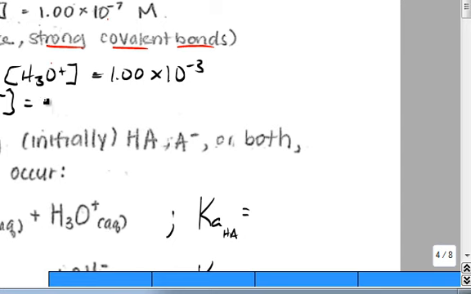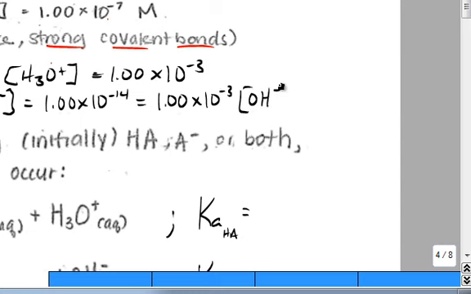So this Kw equals 10 to the minus 14, and that equals the concentration of the hydronium cation in molarity times the concentration of hydroxide anion.